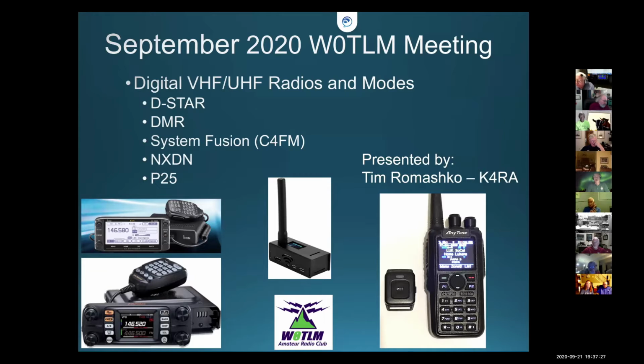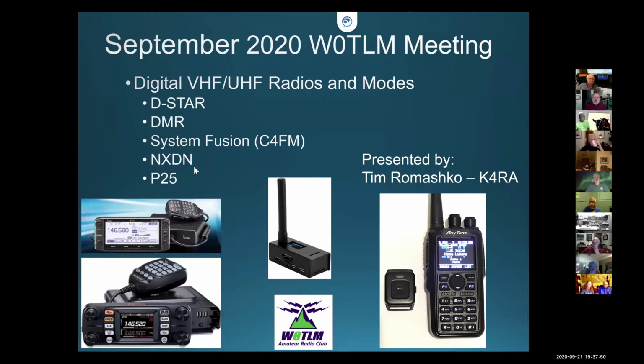The primary ones for tonight, we're going to talk about D-Star, DMR, and System Fusion, just because NXDN and P25 are much less common in ham radio. They are ham radio modes, or can be. NXDN was created by ICOM and Kenwood for ham radio, but it didn't really catch on and take off. So it is available.